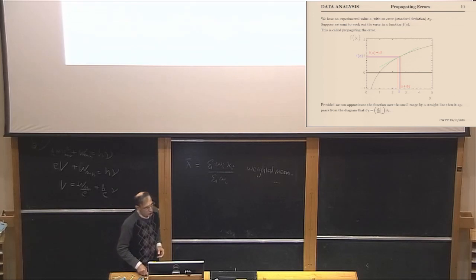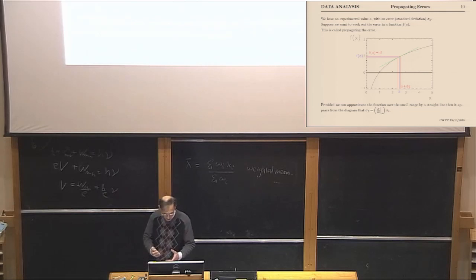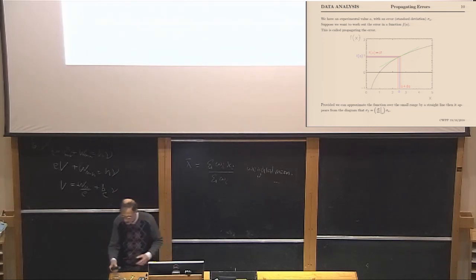Very often, in fact almost invariably, the thing that you're measuring isn't the thing you're trying to work out. It's the input value to a function. And so there's some functional relationship, which is sketched here, between the thing that you've just measured, which is x, and you've got the value a, with some standard deviation dA, which is shown here with 2 red lines.